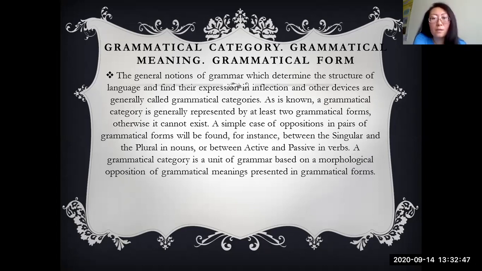Otherwise, it cannot exist. A simple case of oppositions in pairs of grammatical forms will be found, for instance, between the singular and the plural in nouns, or between active and passive in verbs. A grammatical category is a unit of grammar based on a morphological opposition of grammatical meanings represented in grammatical forms.